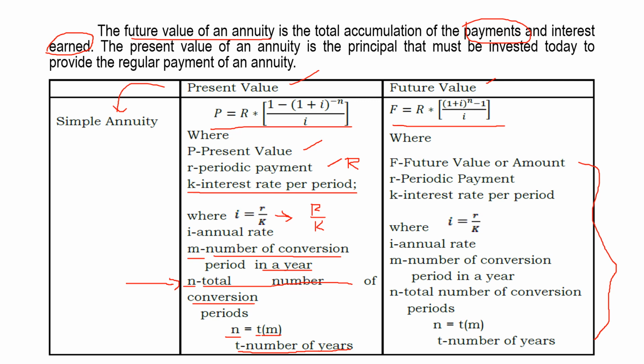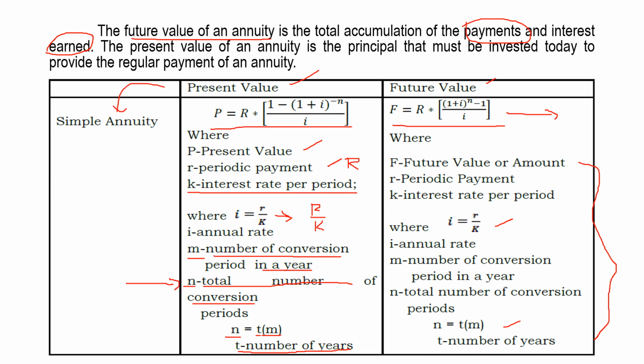It's the same process on how we compute your I, your N. It's the same process on how we multiply your T and M. The only difference between your present value and the future value is the representation of the variables involved and the formula being designed for your present and future value.